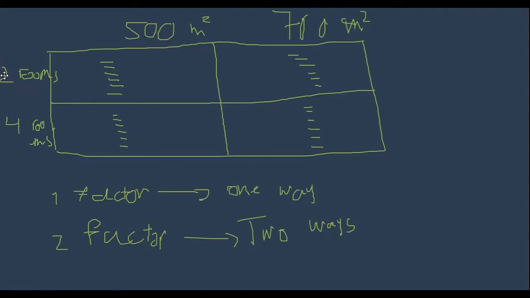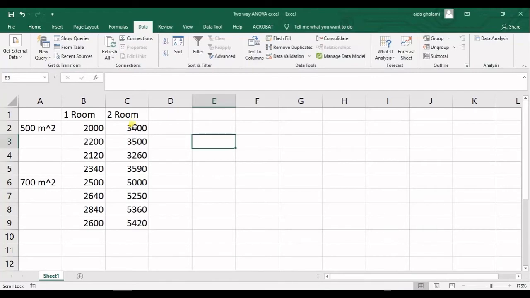So now that we are familiar with those things, let's get into the Excel file, run the test, and then we will see how to interpret the results. Here, as I drew the table, maybe my table was oriented a little differently, but there's no problem and there's no difference.